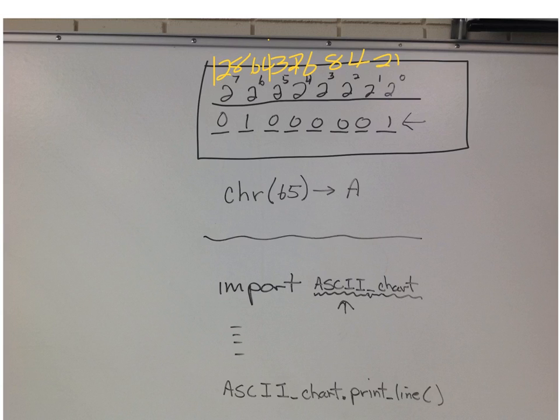So one group of 64 and one group of 1 gives us 65, which is an A. Character 65 would be an A. And there's a way to take an A and convert it back to the number.